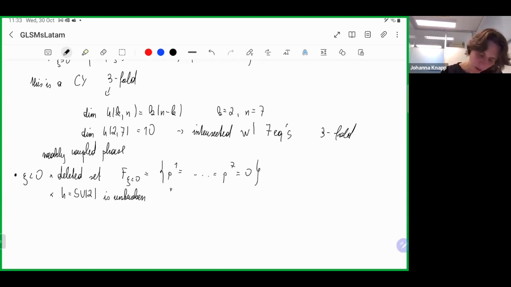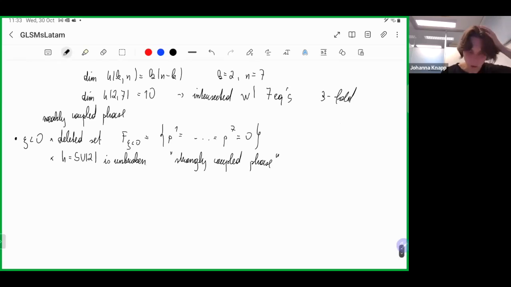And because we have a non-trivial continuous gauge symmetry left, this is often called a strongly coupled phase. That's important for the physics because strongly coupled theories are very hard to come by, like QCD. So that's why it's actually not so easy to analyze this phase.